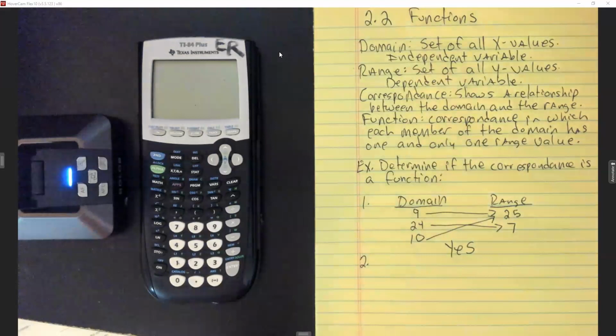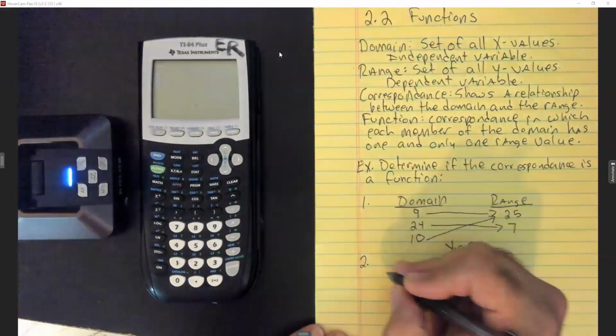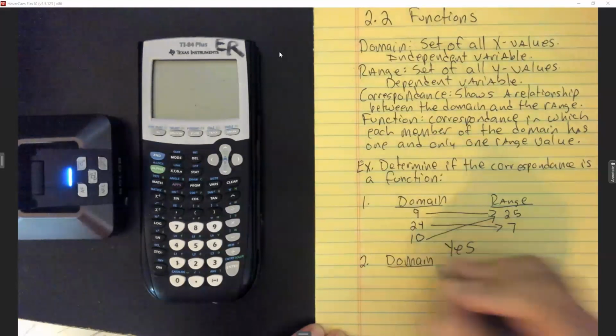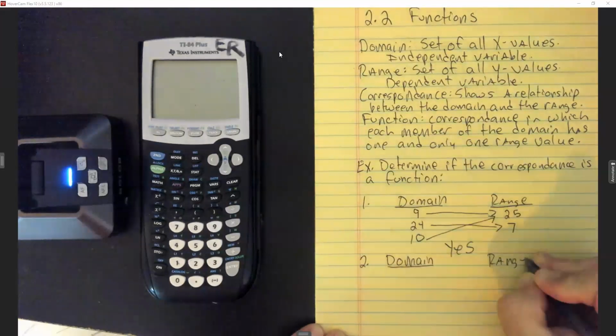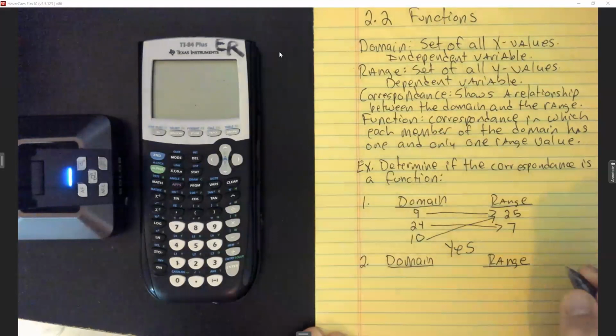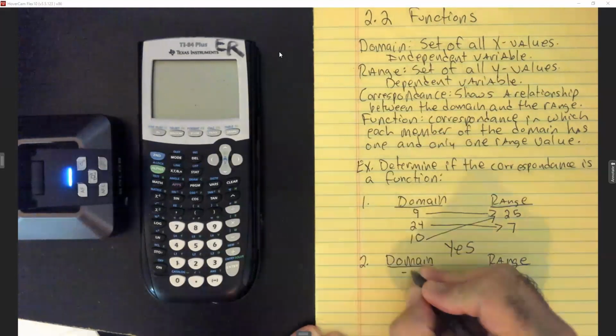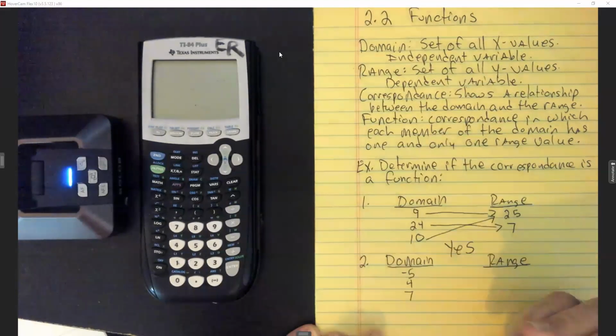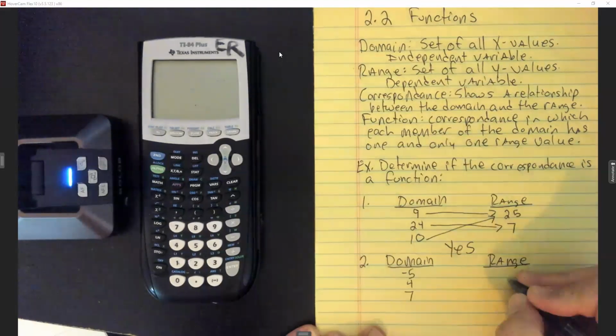All right, y'all, so number 2, the same type thing. I got a domain in the first column and a range in the second. All right, so this time I got a -5, 4, and 7. I've only got one range value of 5.